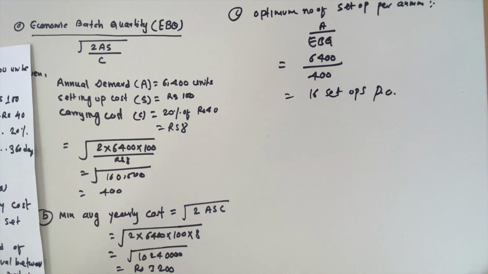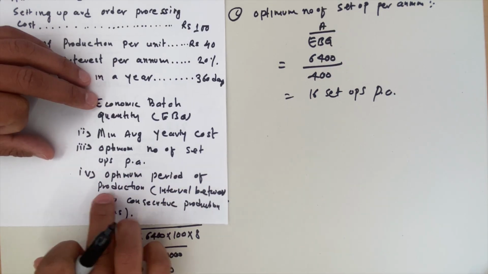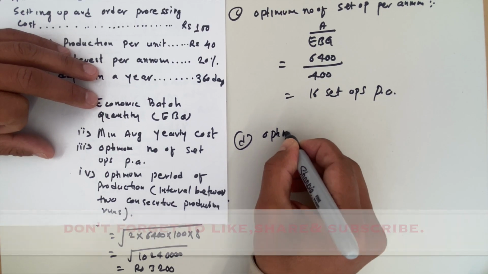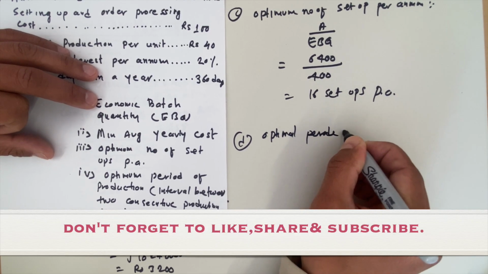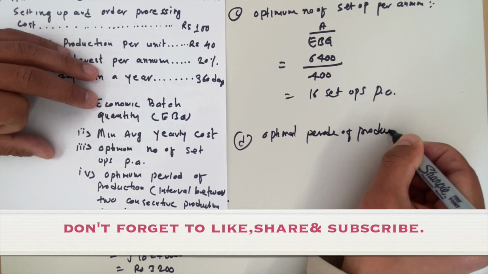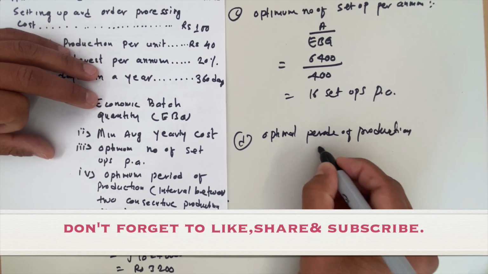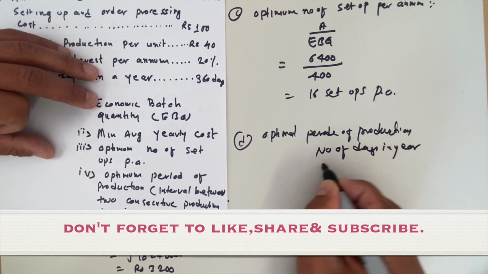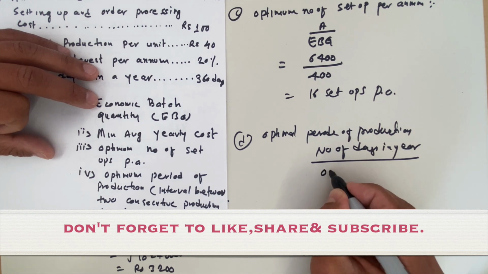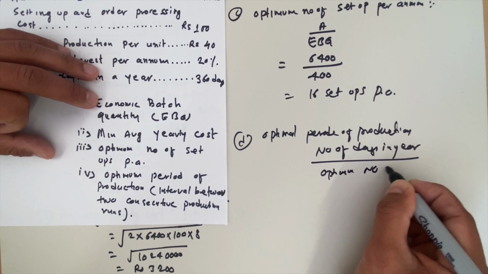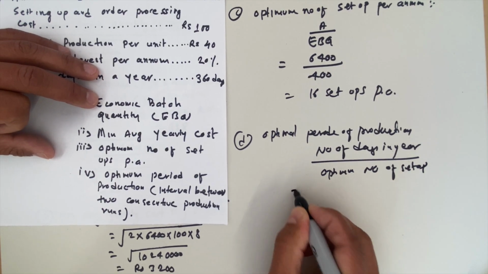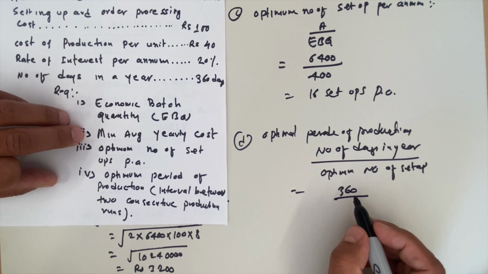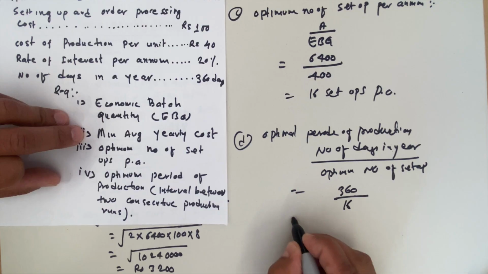per annum. And lastly, it is asking for the optimal period of production. The formula is number of days in a year divided by the optimum number of setups. The number of days in a year is 360, and the optimum number of setups we just calculated is 16.